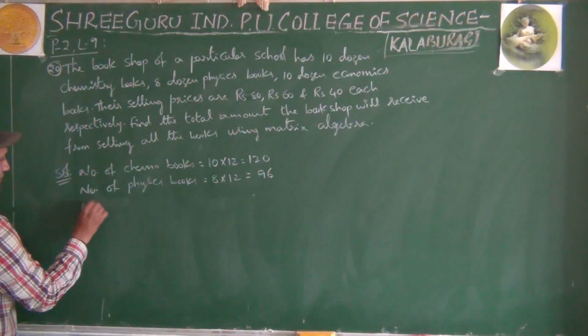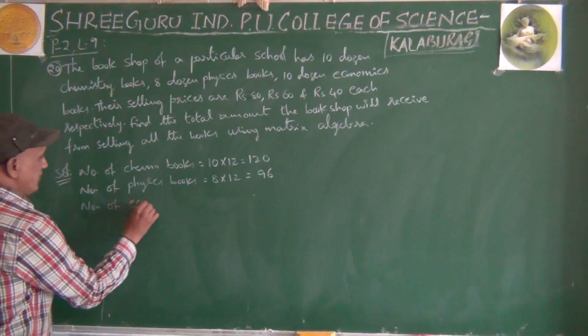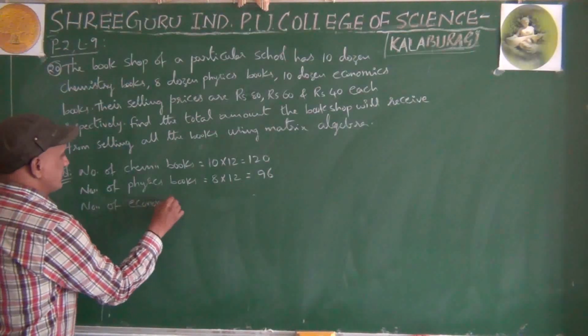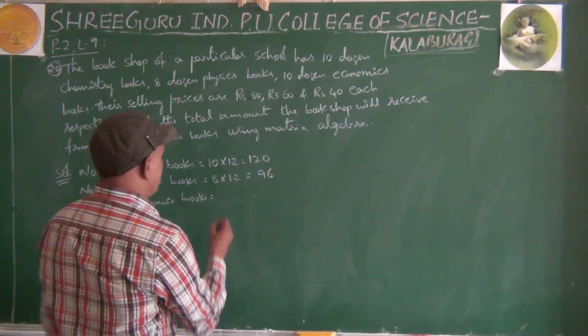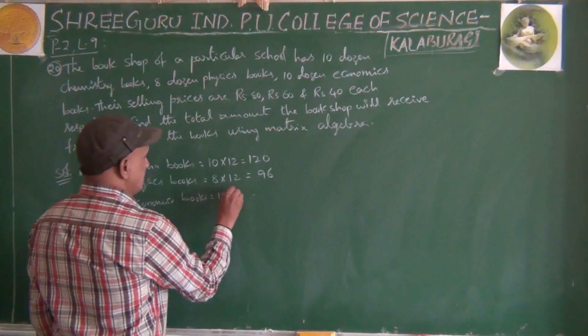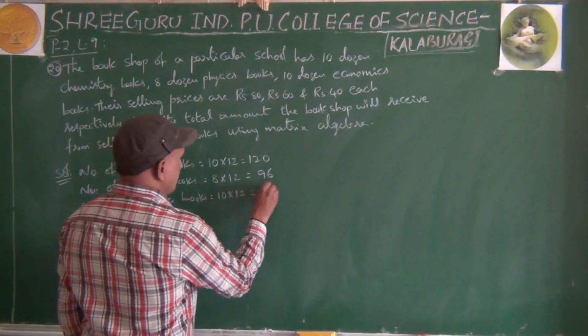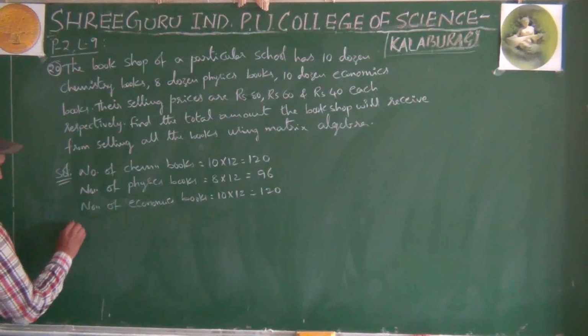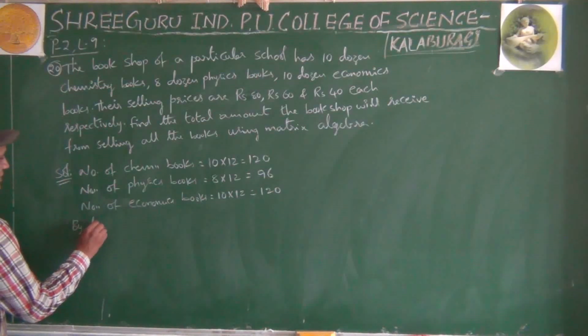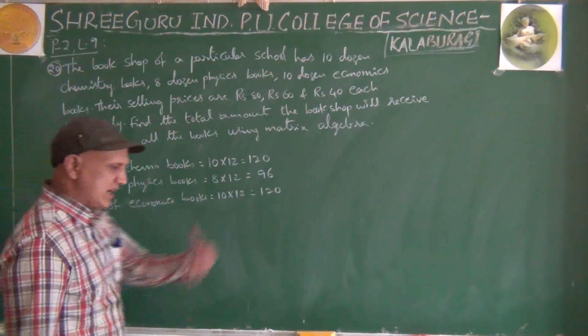Number of economics books equals 10 dozen, 10 into 12, equals 120. By data means by converting the given data into matrix form.